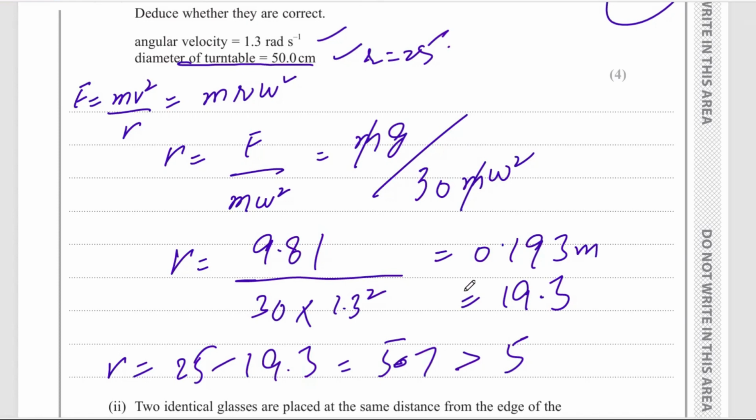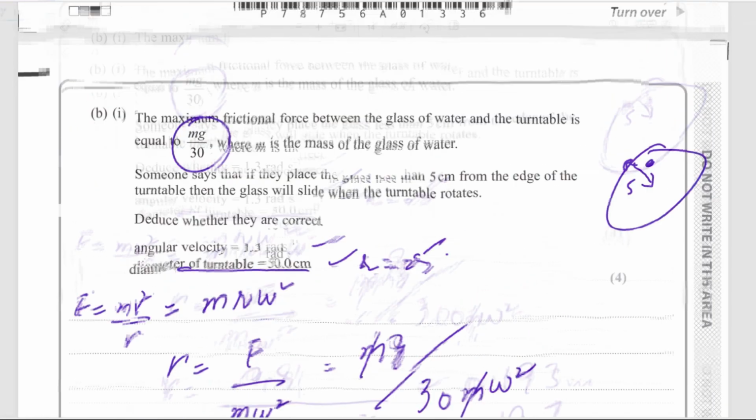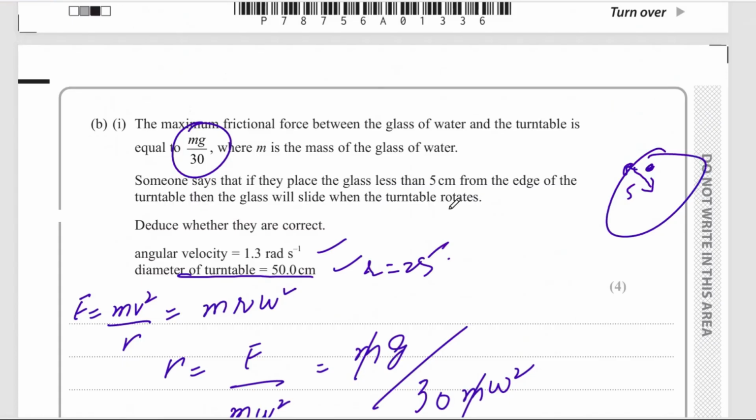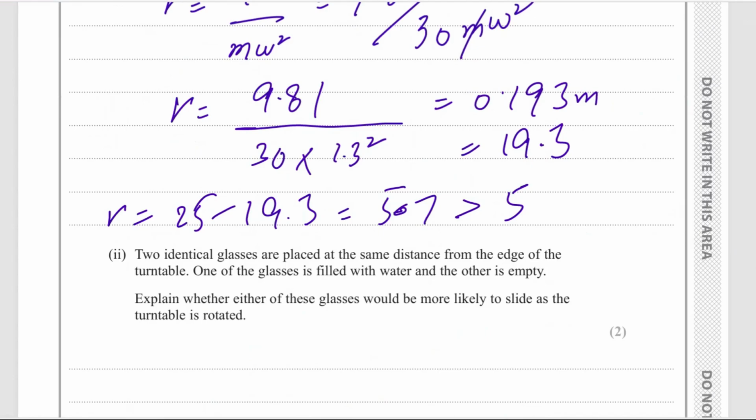That the centripetal force would be effective until 5.7. After 5.7, it would keep on decreasing. So that is why they were correct: if you place it 5 centimeters from the edge of the turntable, then the glass is likely to slide off. So that is how we're going to talk about this one.